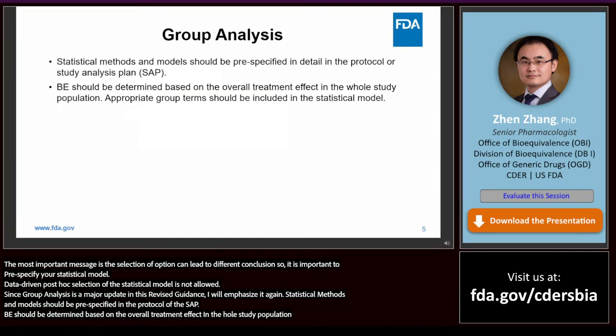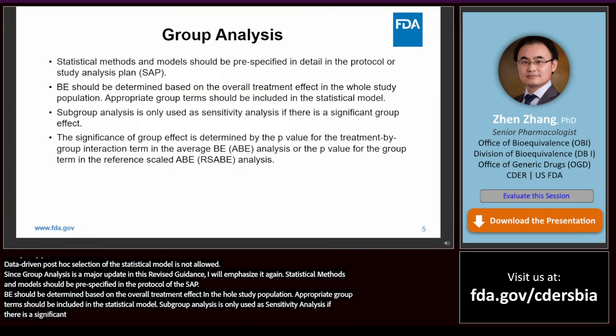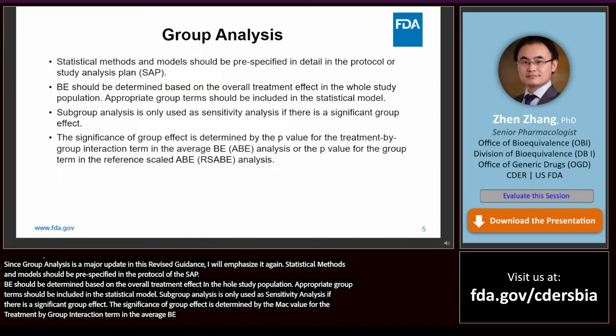Appropriate group terms should be included in the statistical model. Subgroup analysis is only used as sensitivity analysis if there's a significant group effect. The significance of group effect is determined by the p-value for the treatment by group interaction term in the average BE analysis, or the p-value for the group term in the reference scaled ABE analysis.